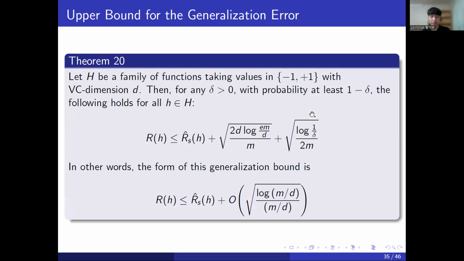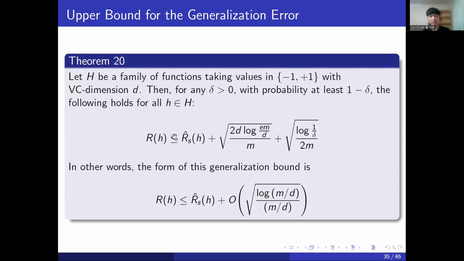Now I introduce this theorem, which suggests an upper bound on generalization error. This theorem is quite complicated. Let H be a family of functions taking values in the two values with VC dimension d. Then for any positive delta, with probability at least 1 minus delta, the following holds for all hypotheses h in H. Recall that this term is the generalization error and this term is the empirical error.